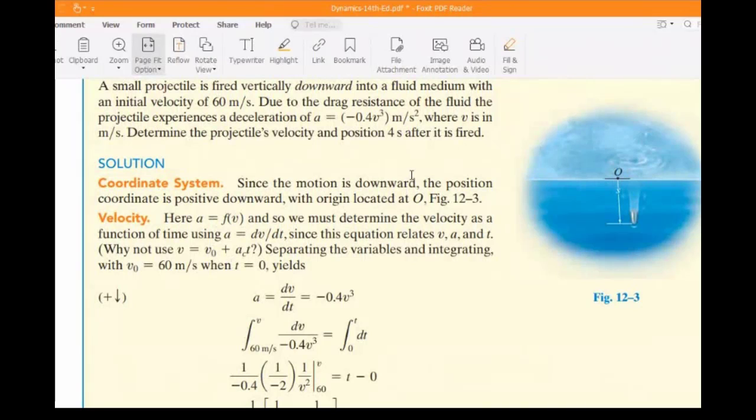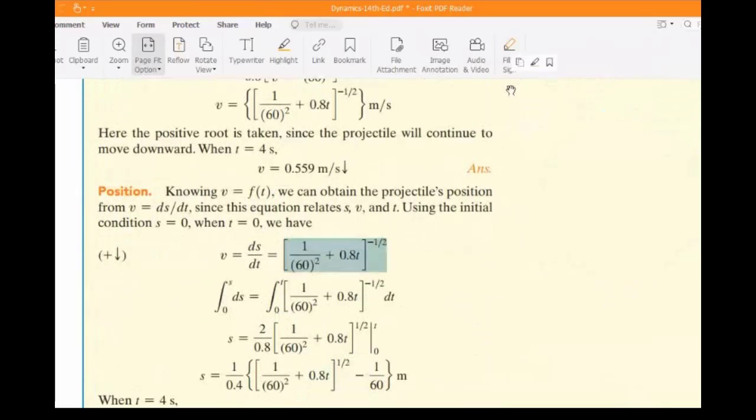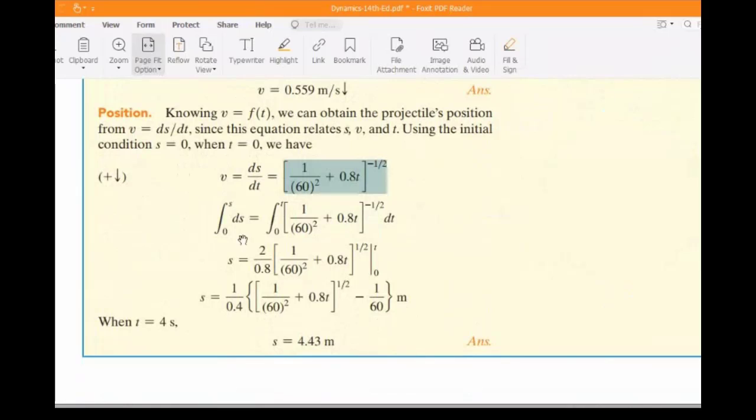So here ds goes from 0 to s and this one we just integrate, so s equals 2 by 0.8, because this half, this square root minus square root.